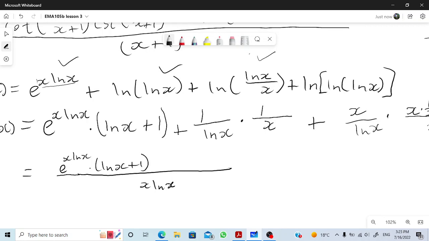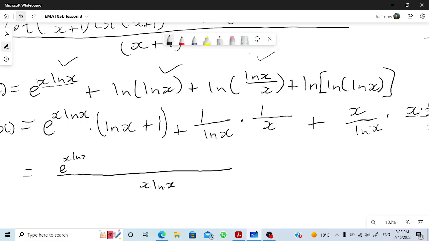Oh wait, let me see. No. I made a mistake, guys, because I thought this is a multiplication. It's an addition. So this term I have to leave as it is.